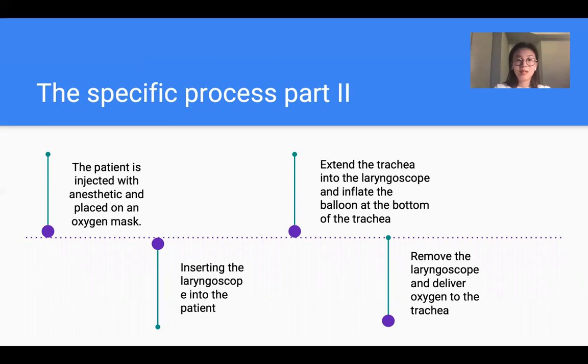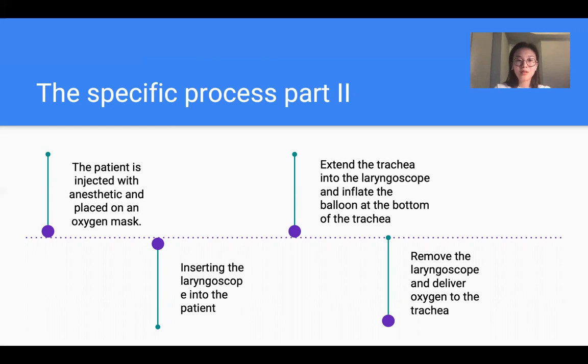Afterwards, a laryngoscope is inserted into the patient's mouth. It will be inserted through the nose in specific cases. The tool has a handle, light, and a blunt blade to help the healthcare provider guide the tracheal intubation.